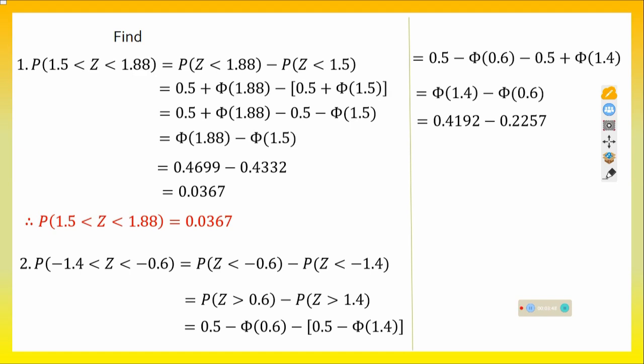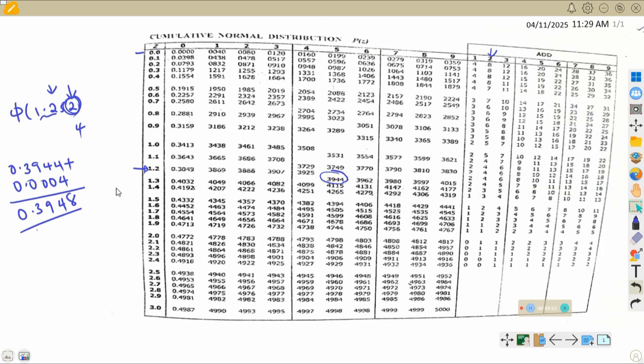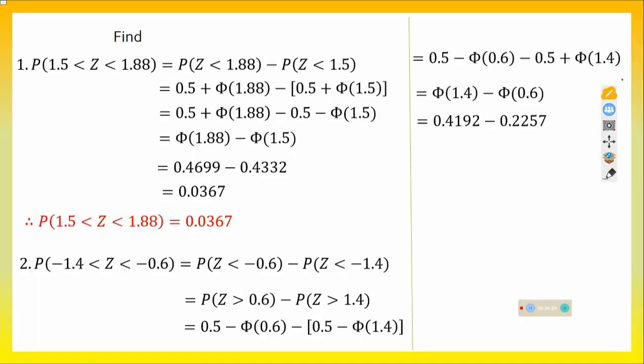So go to your table again, read 1.4. So where is 1.4? We shall take 1.40. So that is 0.4192. That is the value we have here.